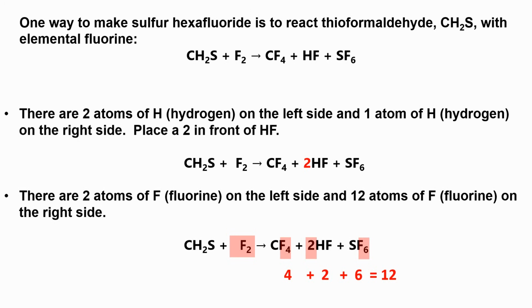This gives 12 atoms of fluorine. So place a 6 in front of the F2, which will balance the fluorine atoms. Now the equation is balanced.